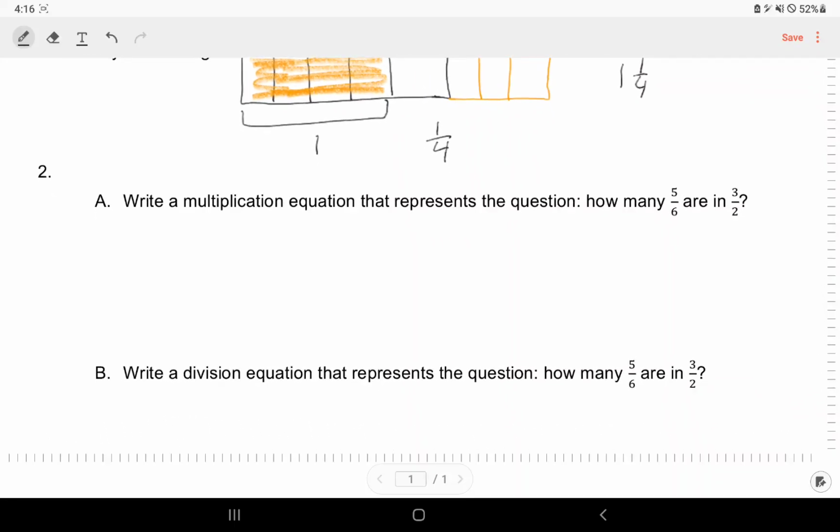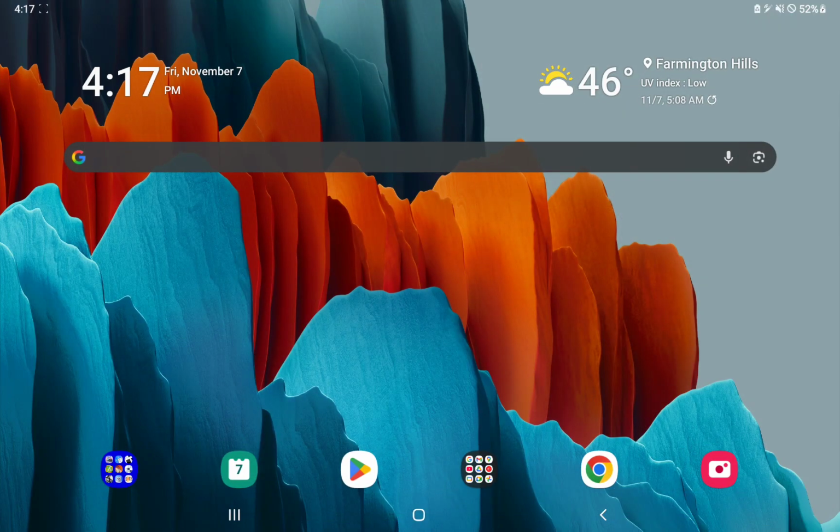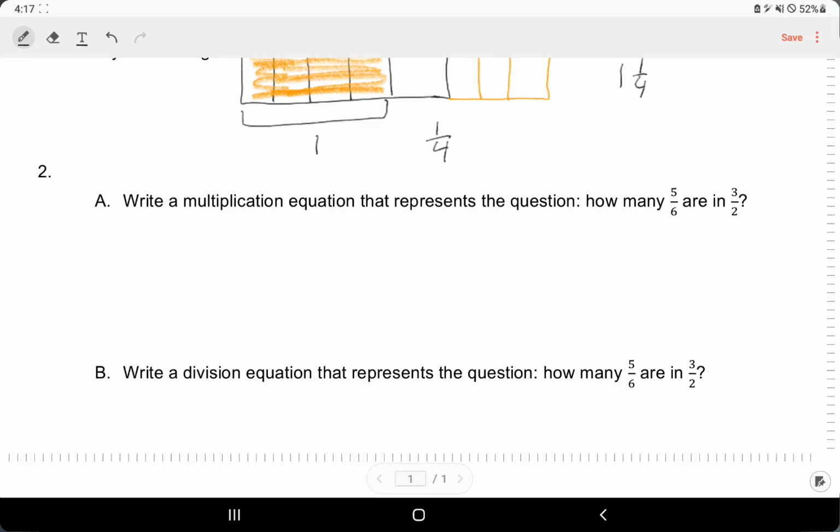Now, for question 2. Write a multiplication equation that represents this question. So how many 5/6 are in 3/2? I don't know why it's doing that.